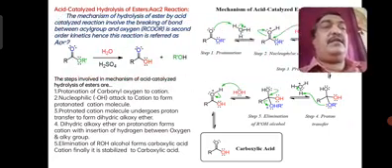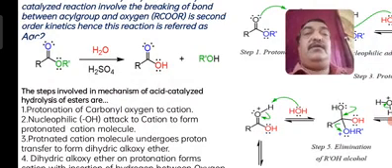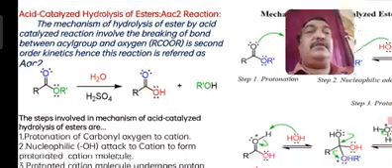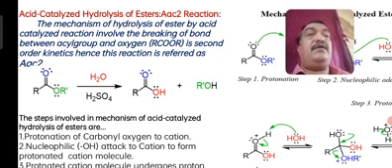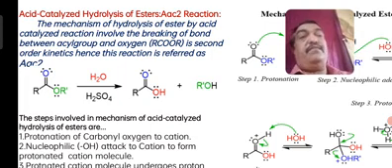Okay, now already I have told you. Here you can see the mechanism of hydrolysis of ester by acid catalyzed reaction, which involves a breaking of the bond between the acyl group and oxygen. So what is that acyl group? RC double bond O, OR dash. The bond between carbon and OR dash is called the acyl bond.